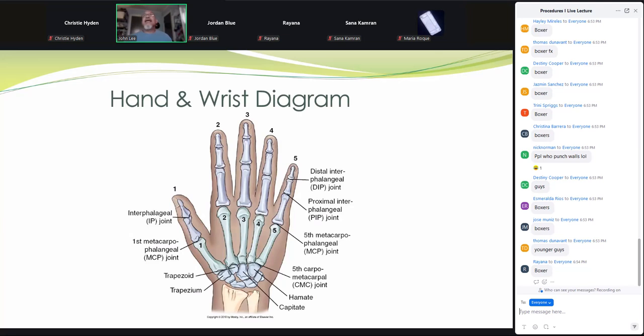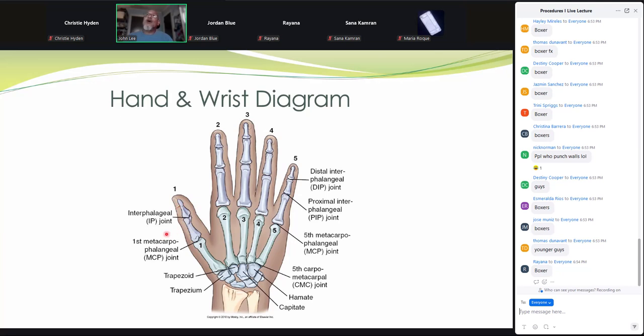Moving into the hand and wrist. So digits 2 through 5 have 3 phalanxes. The thumb, or first digit, only has 2.